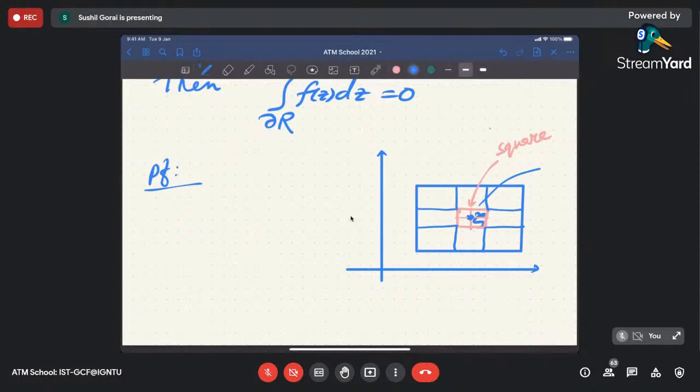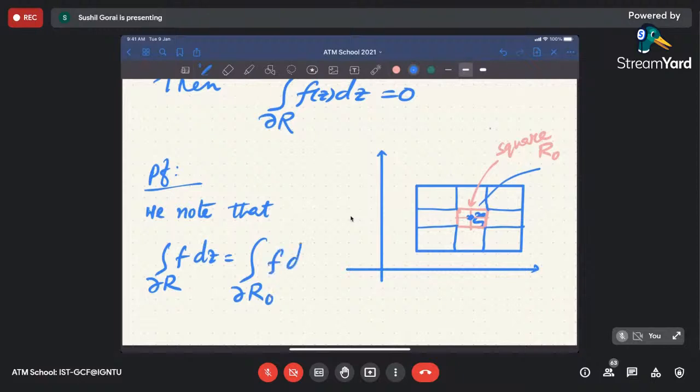All right, so and then note. Call this square R naught. Note that the integral over del R of f dz is nothing but the integral over del R naught of f dz. The other rectangles do not matter.